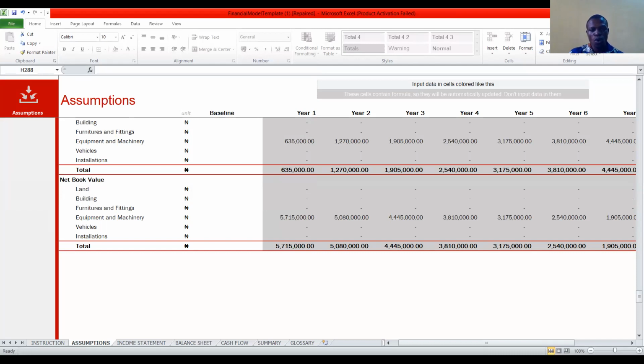Then you attach it. Once you attach it, you can see it will show here. Once you click on submit financial model, it will automatically upload. Once you have done that and you have already filled all these other segments, then you click submit loan application. Then you have successfully submitted your loan application. The next is for you to wait to be invited for interview. Then after interview, you receive your offer letter and you get the loan.